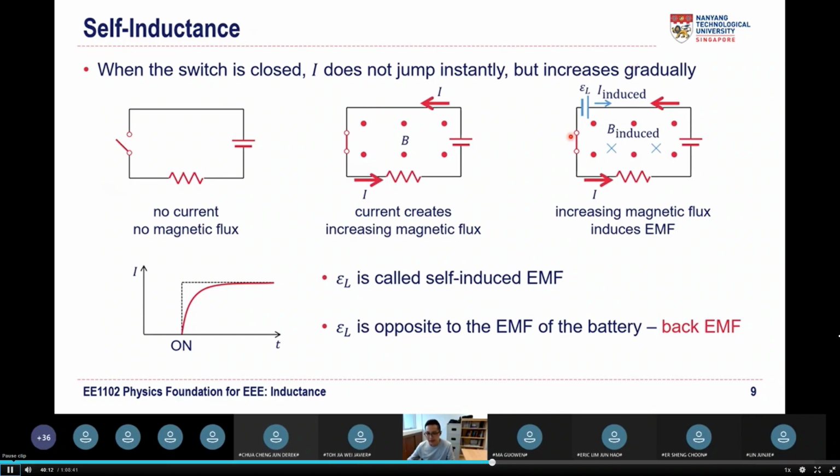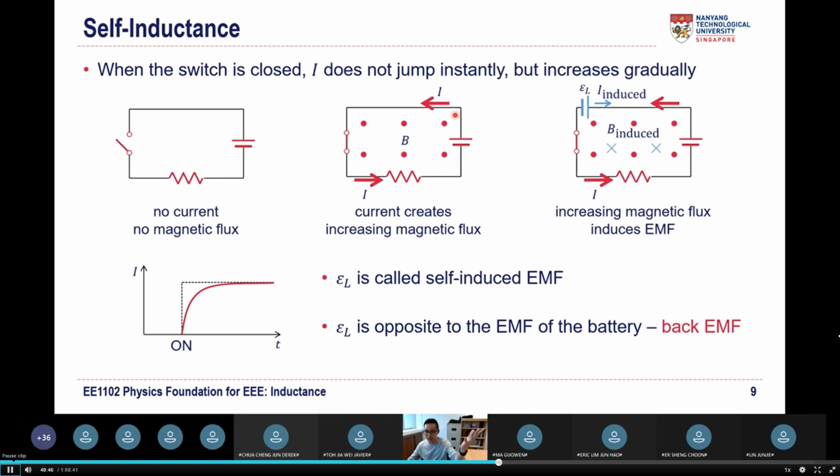Let's look at this example here, right? Initially we didn't have any current flowing, and then we suddenly close the circuit, and then current is flowing, but the current didn't flow immediately. It started flowing immediately, but it didn't jump to what it should be immediately. So during this time, where did that energy go?